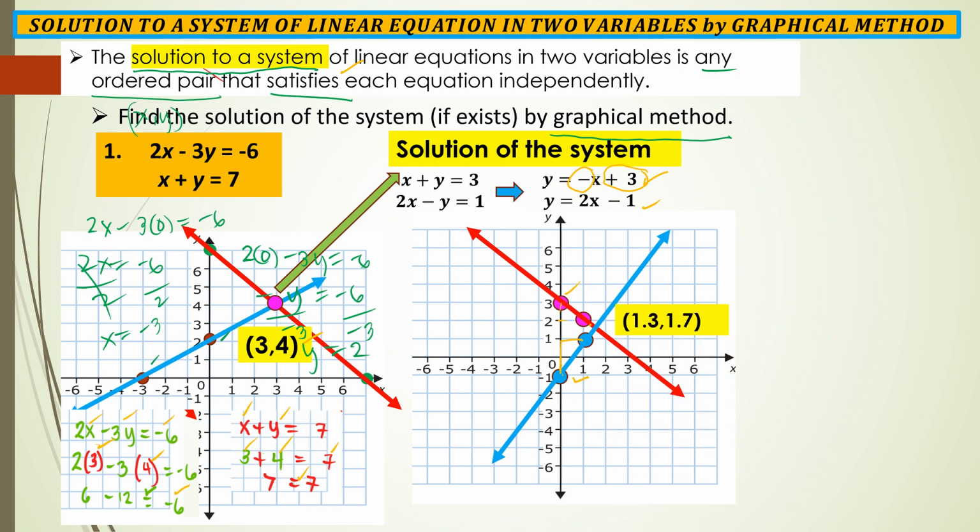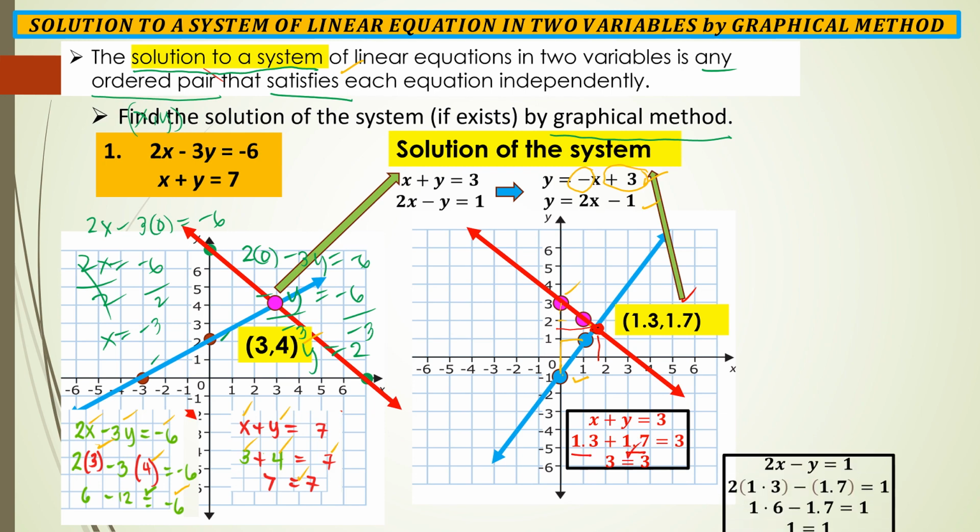So as you have seen, we have approximately the point of intersection at 1.3 for the x and 1.7 for the y. So how do we know if (1.3, 1.7) is really the solution to the system? Thus, we will be checking. So x plus y is equal to 3, in which our x is 1.3, our y is 1.7.